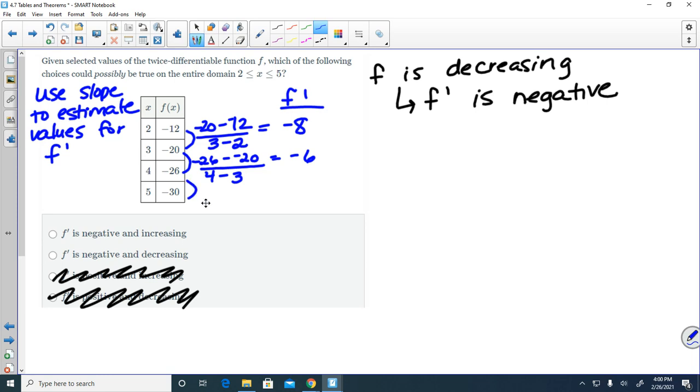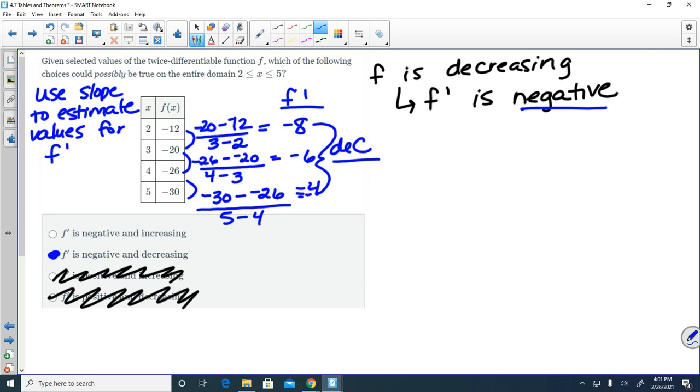And then from there to there, negative 30 minus negative 26 over 5 minus 4. Negative 4. Negative 30 plus 26, negative 4. Yes, double checking. So it looks like f prime is decreasing. So it looks like f prime would be negative and decreasing. There we go.